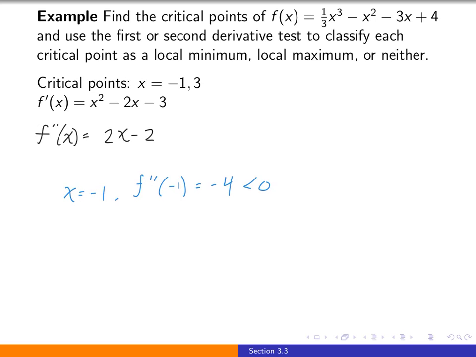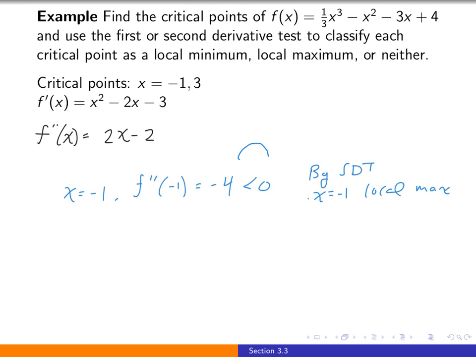So remember, if you have a negative second derivative, that means concave down. So we're thinking concave down, that corresponds to a local maximum. So by the second derivative test, x equals minus 1 is a local maximum.